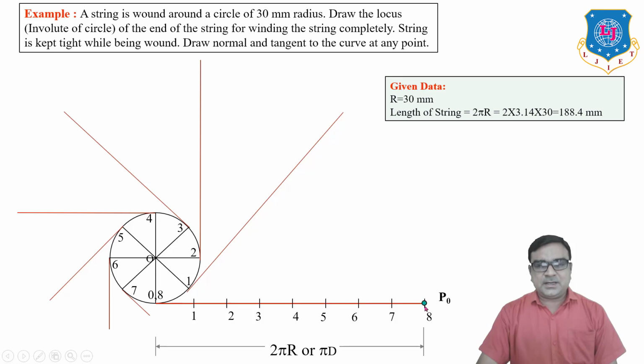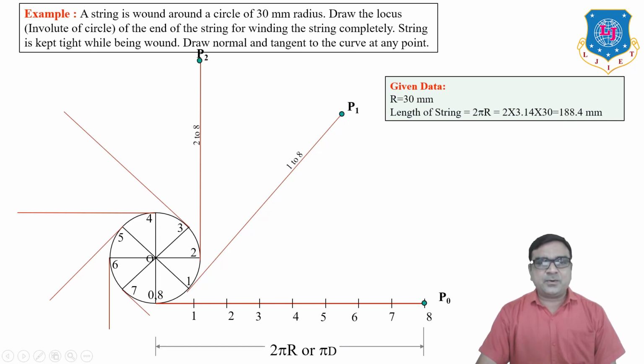Now when we wind the string from here, P0, up to this line, suppose this is the P1 point. So what is the distance between P0 and 1? This must be the 1-8 distance, the distance between 1 and 8. So P1 is obtained by taking 1 as center, 1-8 distance as radius, and drawing an arc on this tangent to obtain P1.